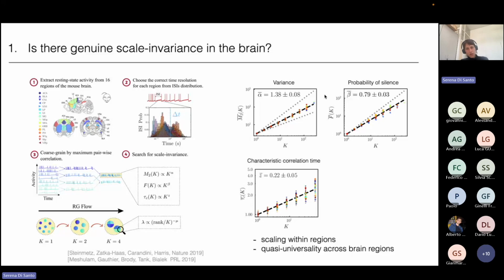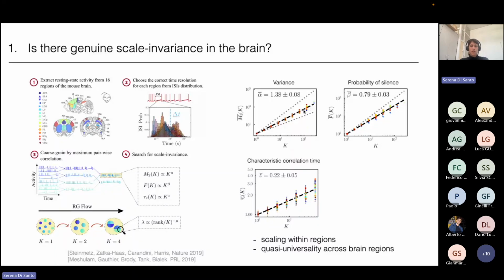So the variance across clusters scales, as one can see here, with non-trivial exponents, that would be these dotted lines, with cluster size. The same is true for the probability of finding a silent cluster, and the same is true to a certain degree for the characteristic correlation time. In this case, each color is a different brain region, as one can see here.